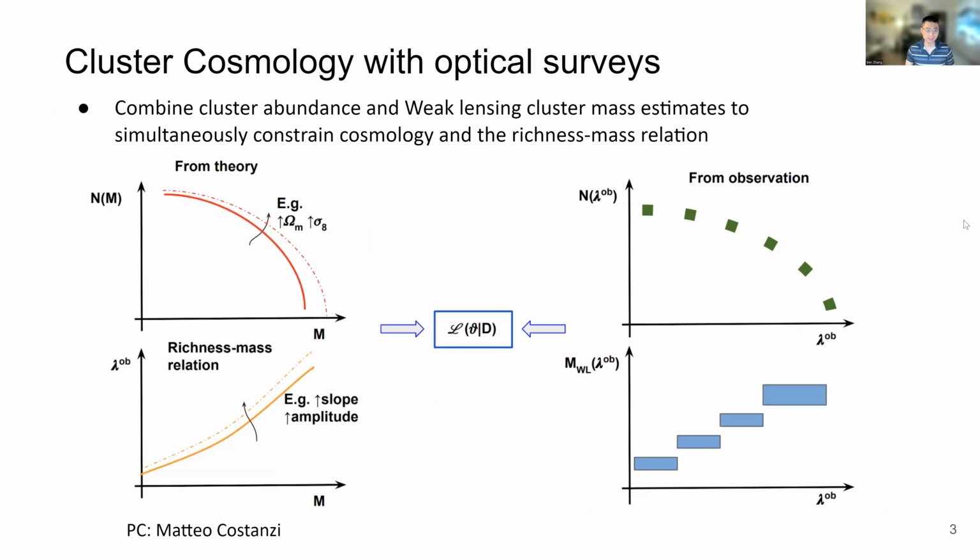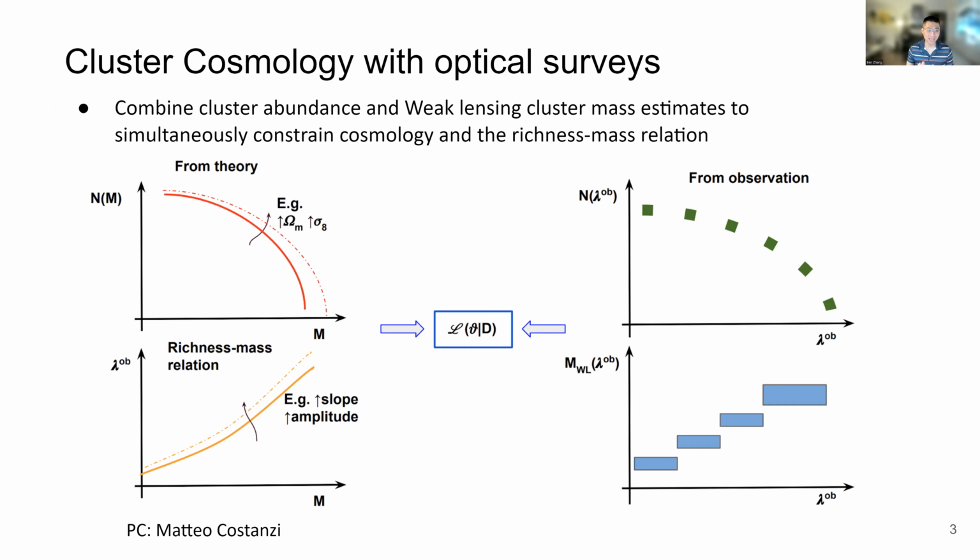Armed with these two measurements, we can perform cluster cosmology. The two cosmological parameters that we can detect with galaxy clusters are omega m and sigma 8. As these parameters are sensitive to the amplitude of the halo mass function, because we don't have direct access to the individual mass information of clusters, we have to construct a mass to observable scaling relation.